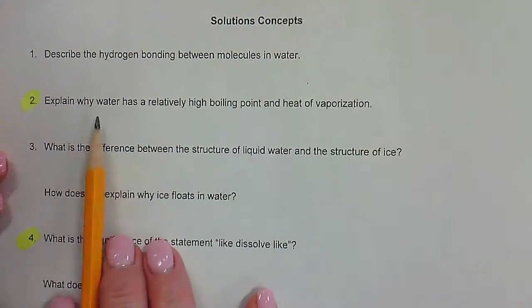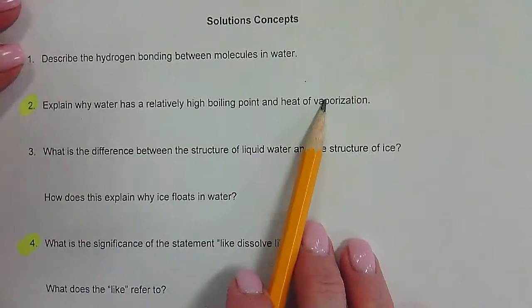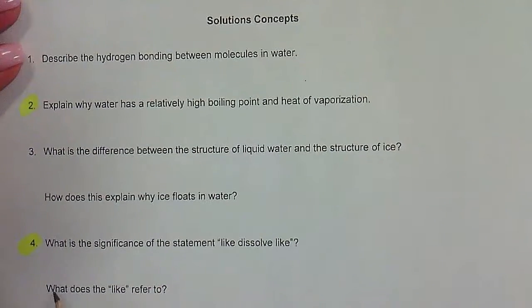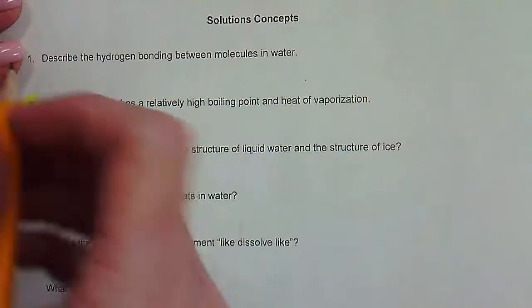Number 2 says explain why water has a relatively high boiling point and heat of vaporization. Well, that's because of the intermolecular forces that are holding water molecules together. Remember that the intermolecular force that holds water together is hydrogen bonding, and hydrogen bonding is the strongest force of attraction.